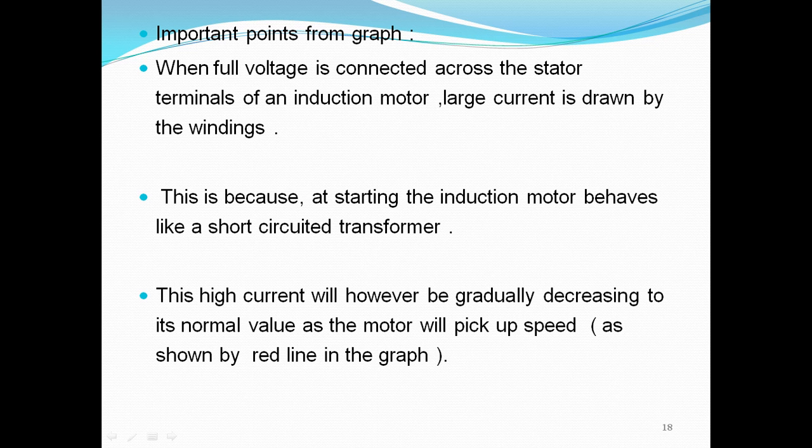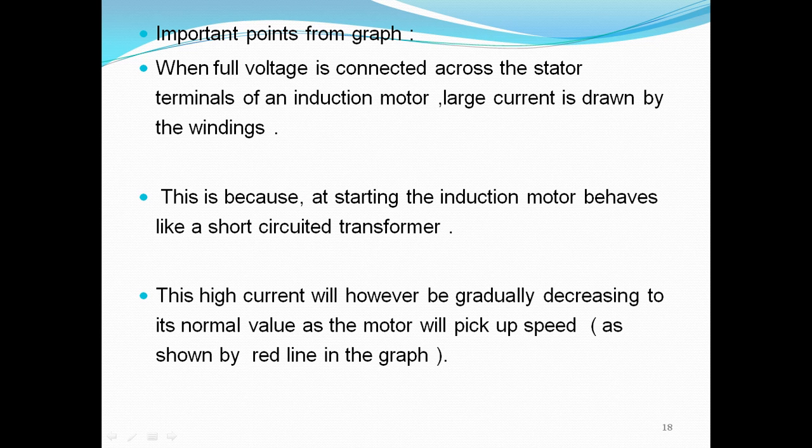So we covered the necessity of the starter. When a three-phase induction motor is directly connected to the supply, what happens? It will take a very high current, 6 to 8 times its rated full load current, at the time of starting.